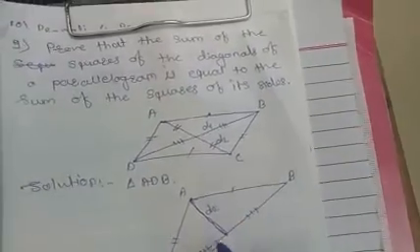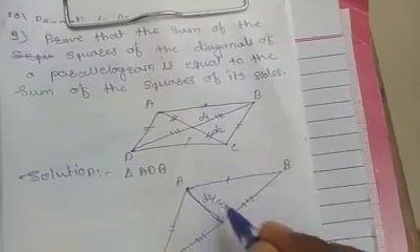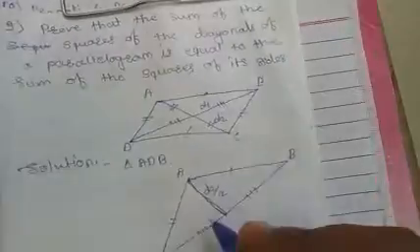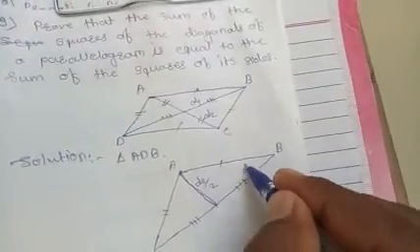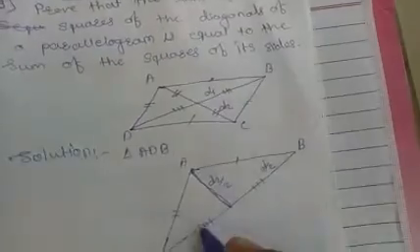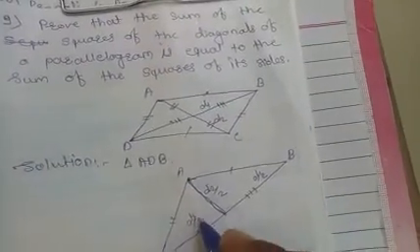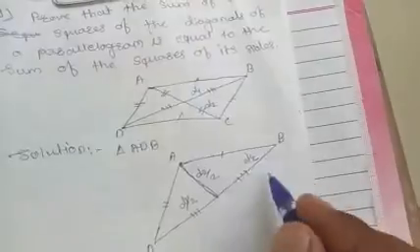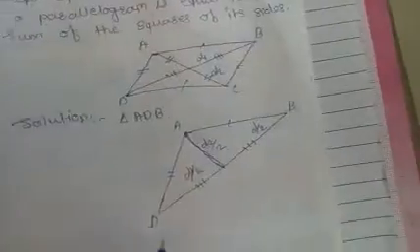So it is half, meaning D2 upon 2, and this D1 is also bisected by the median, that's why it is also half. So D1 upon 2, D1 upon 2, these are equally divided.